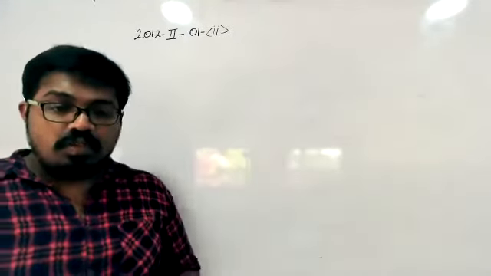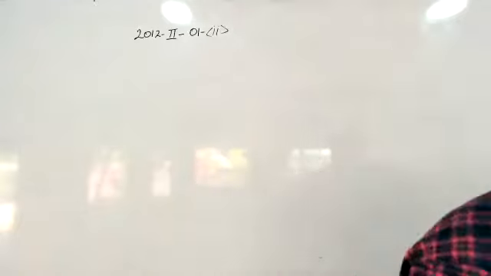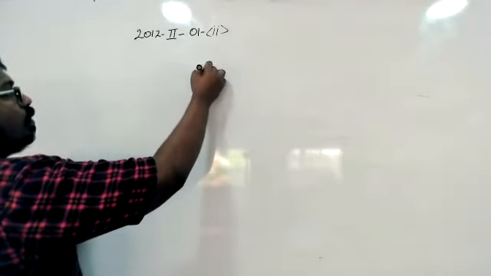When you want to represent characters, you can't use BCD. BCD does not belong to character representation. So you can use ASCII and Unicode. Here they ask only one. So the better one is Unicode. So Unicode will be your answer.